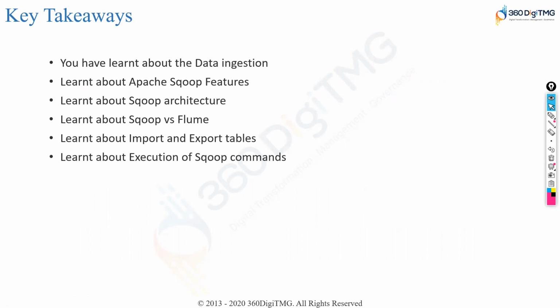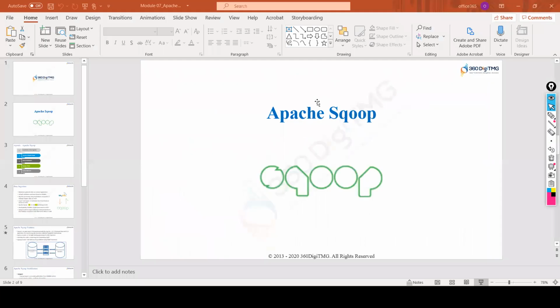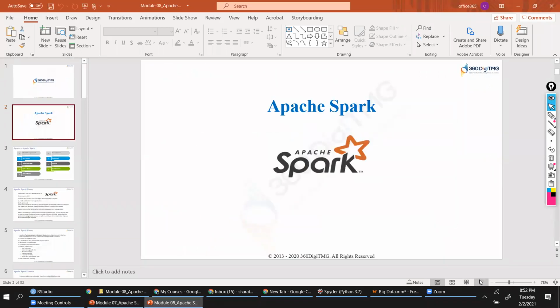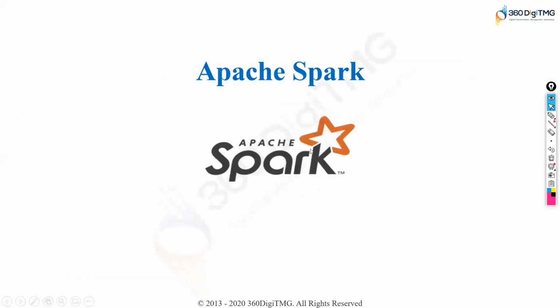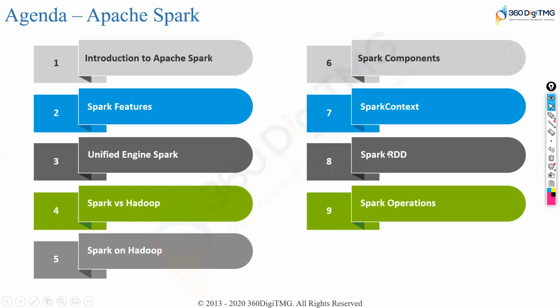Okay, let us try and understand Spark now. Apache Spark. This is the most happening software right now in the big data environment, or you can also talk about the cloud environment. So we are going to try and understand the architecture of Spark.